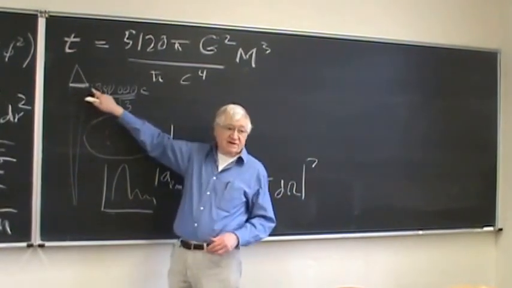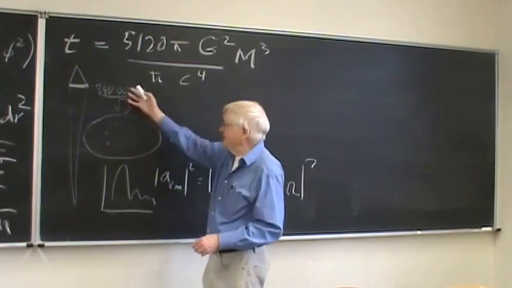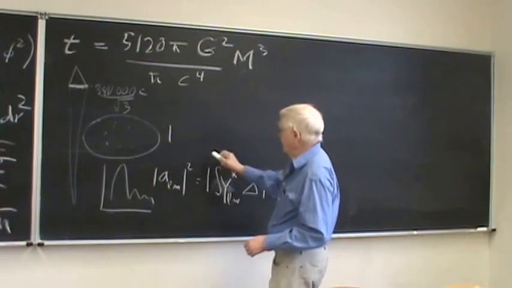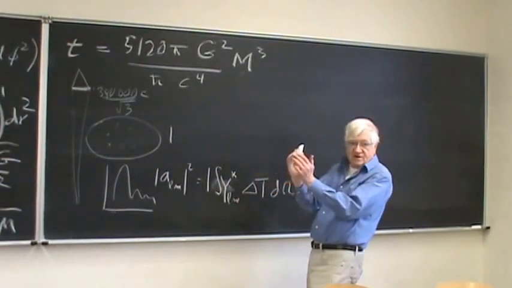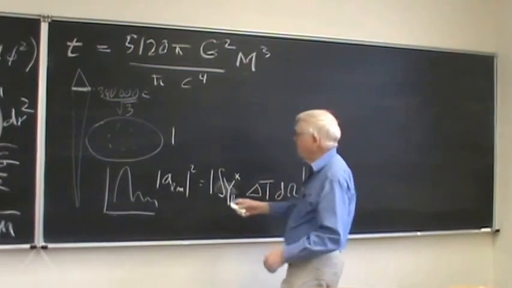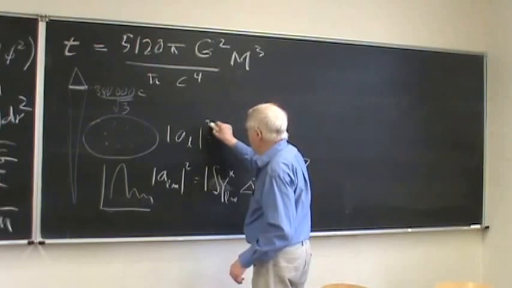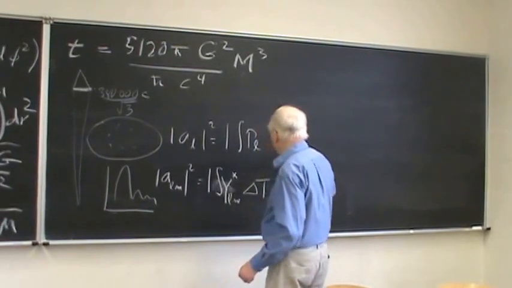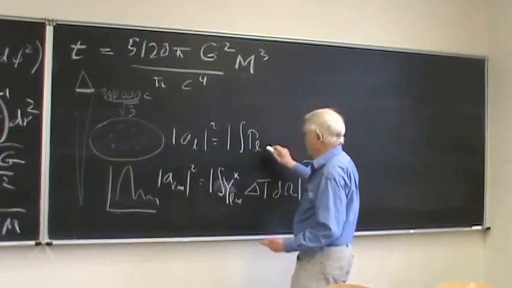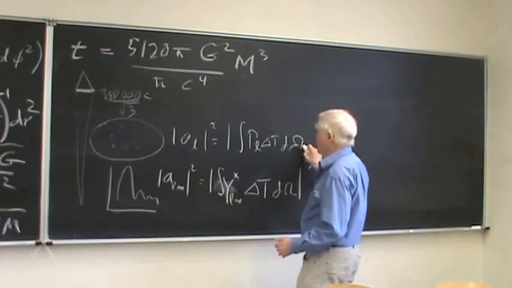imagining just one spot of a certain size, namely that size, and then forgetting about the m because you have the spots circular and uniform. So what you have here is really just A_L squared equal to an integral of P_L with delta T, but this is a constant, d omega.